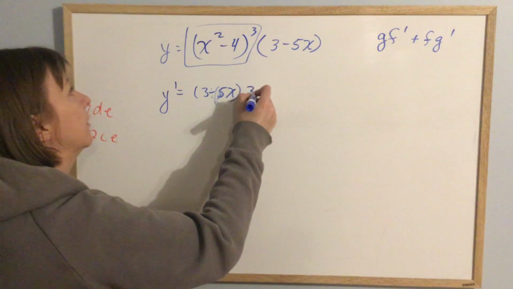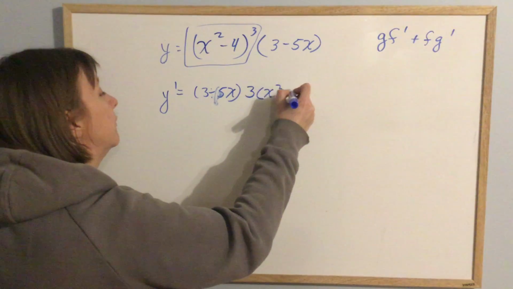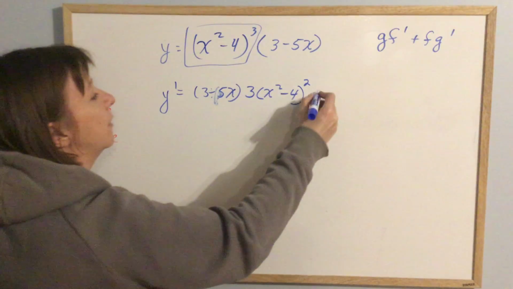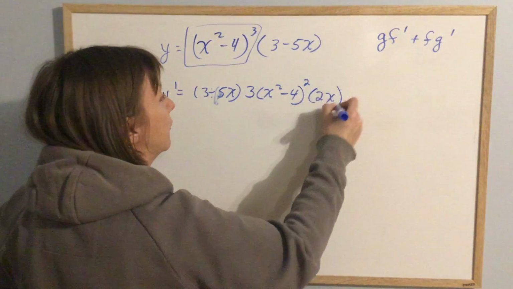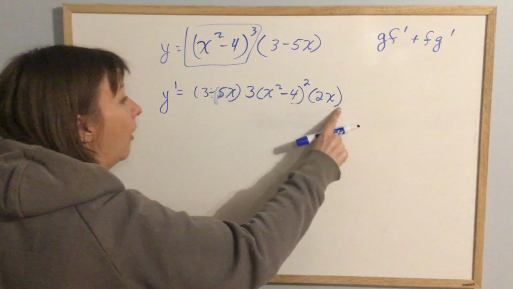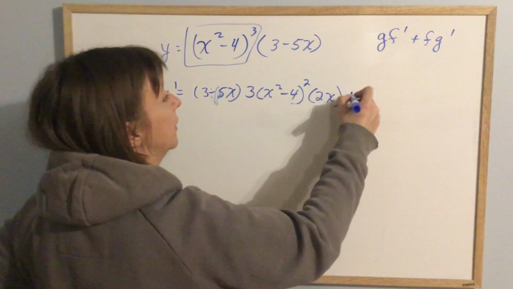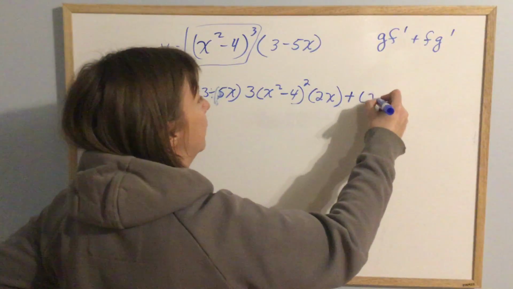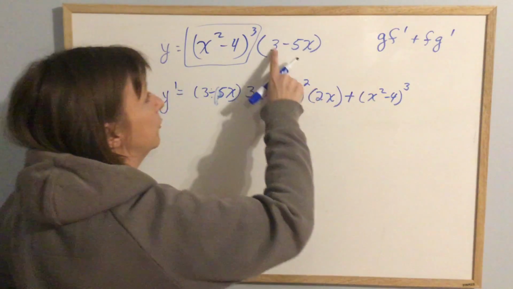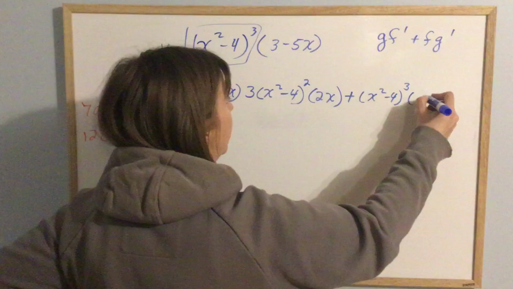So bring the 3 down in front, leave the inside alone, decrease that exponent by 1, then do the derivative of the inside. So I did g, all of that is f prime, plus, now I leave f alone, and I do the derivative of g, which is just negative 5.